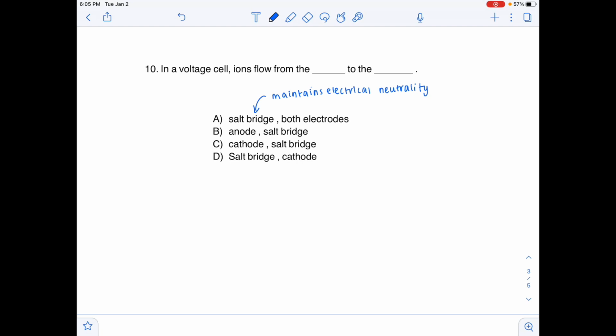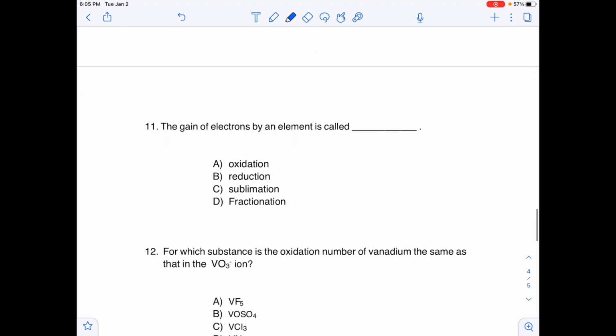And then ions usually flow from the salt bridge to both the anode and the cathode. So we can rule out C and B and D because it goes to both, not just the cathode. So A is the one that is correct.